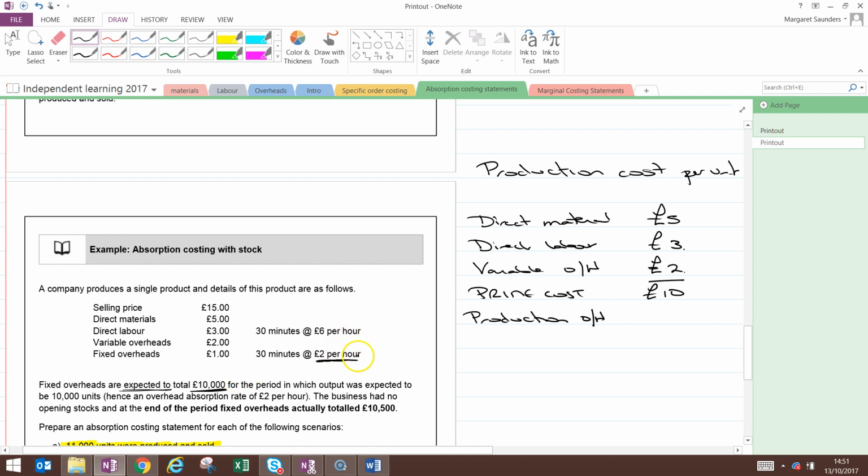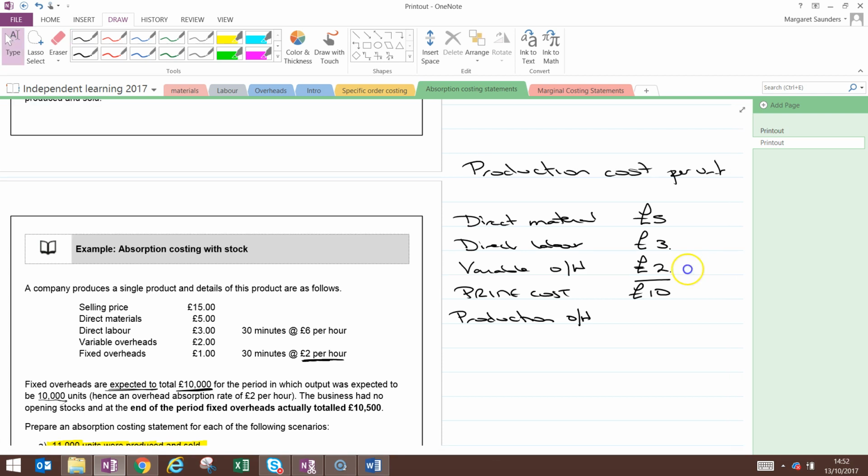As it's per hour, we're looking at labour hours. Now we produce 10,000 units. Each unit takes 30 minutes. So 10,000 units at 30 minutes a unit is 5,000 hours.